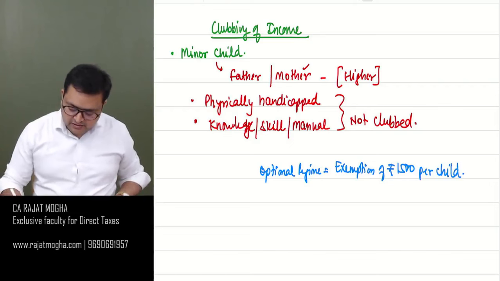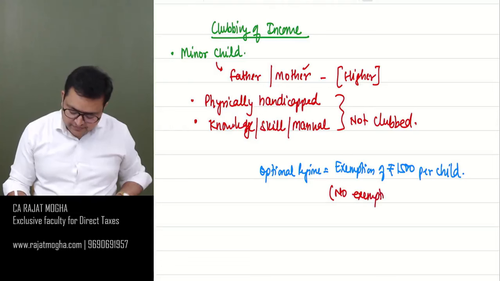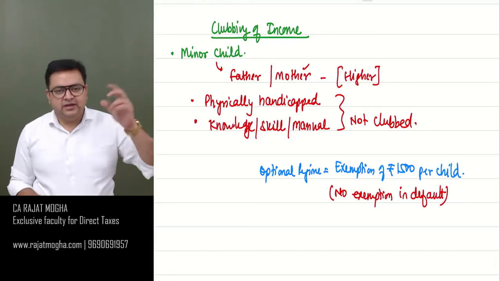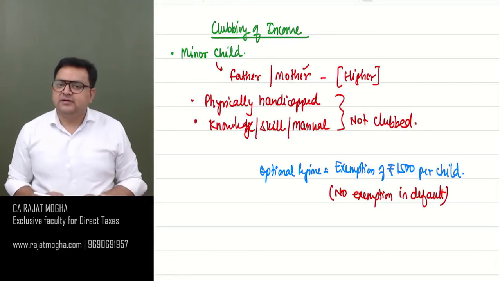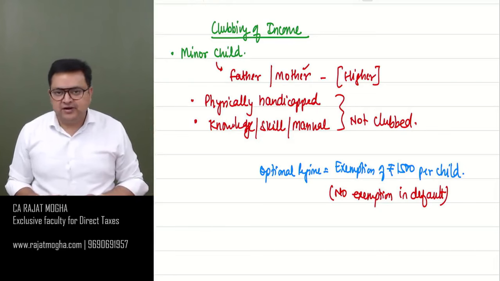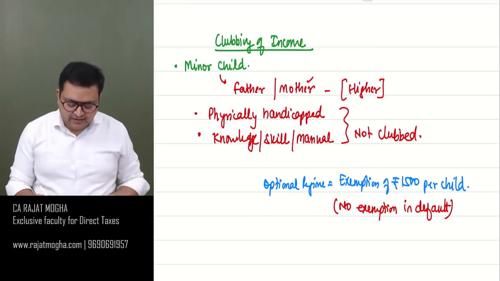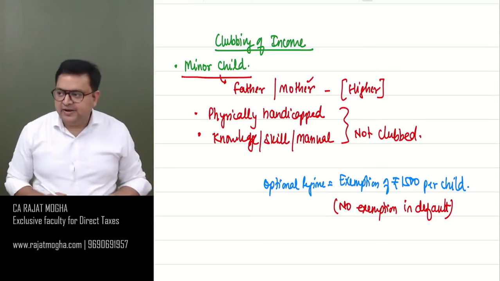But in the default regime, there is no such exemption. The entire income of the minor child, please add it. But in the optional regime, whenever you are adding the minor child income, there is an exemption of 1500 per child. Number of children, no issues. For every child, it would be this deduction. So first, you should know about the minor child.